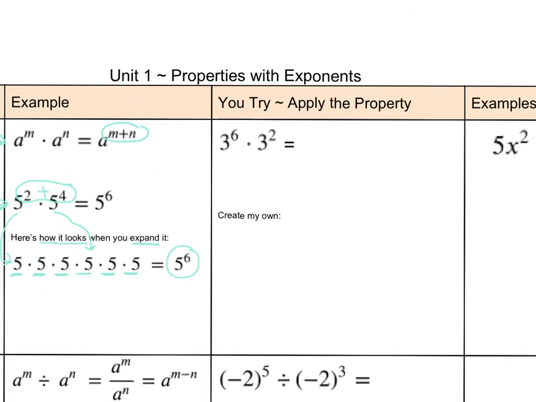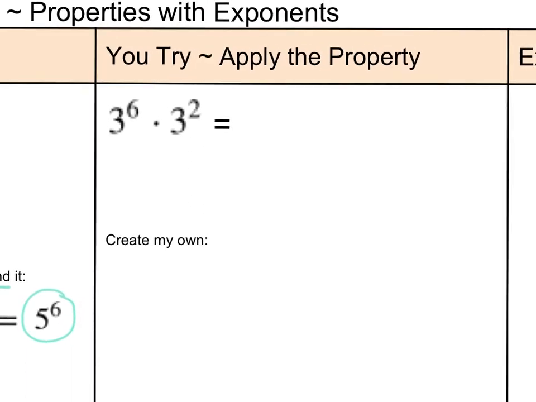So let's try to apply the property. 3 to the sixth times 3 to the second power. So if I went ahead and expanded it, 3 to the sixth would look like this. And 3 to the second power would look like this.